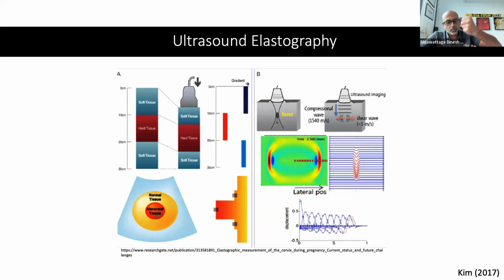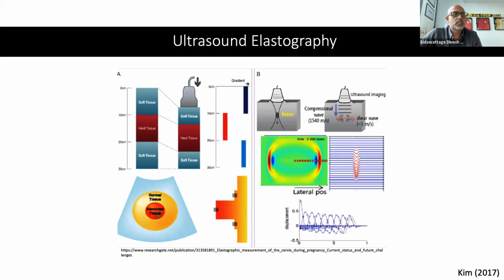One is you compress the tissue to see the recoil of the tissue. The other one is where the ultrasound probe sends a sound wave into the tissue, and then depending on the reflection back of the sound waves, it tells you the nature of the tissue.